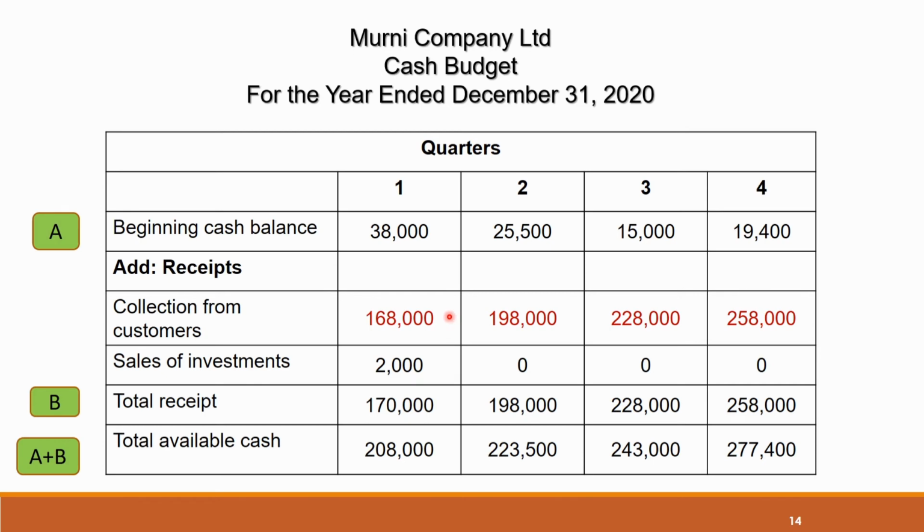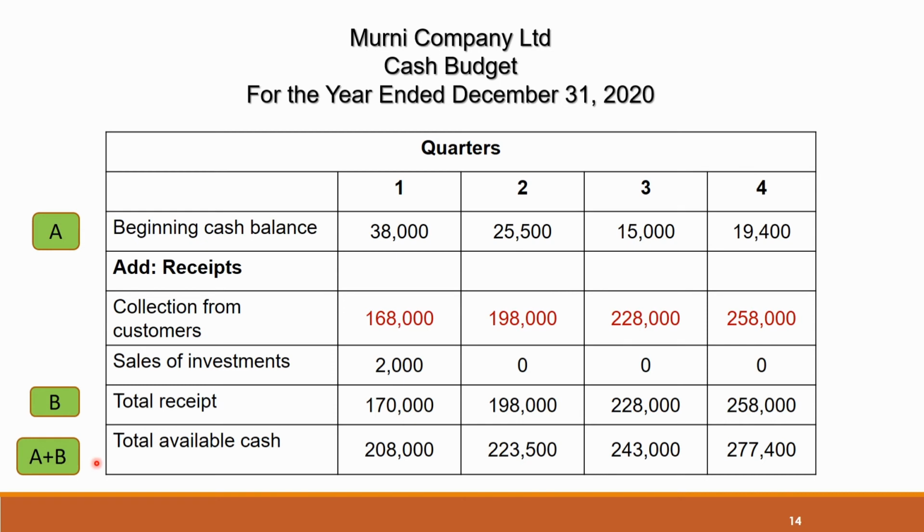So now we focus on the first quarter. We have to calculate the total receipts. So we have to add the collection from customers, 168,000, plus 2,000, and you will get 170,000. This total represents these two items, and based on this formula, A, beginning cash balance plus B, total receipts, you get the total available cash.